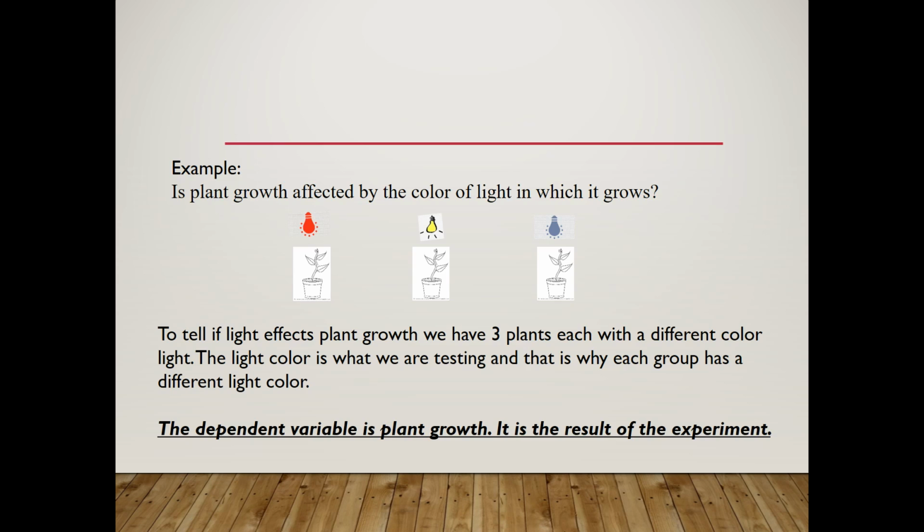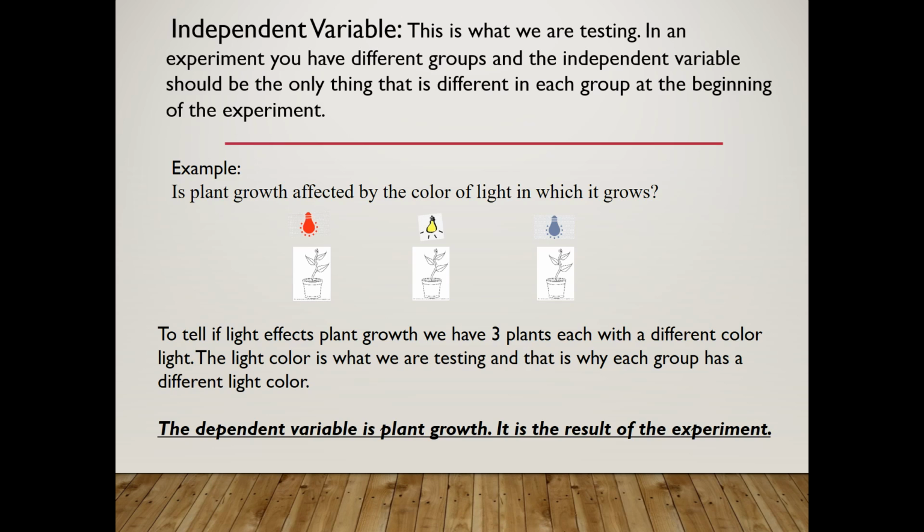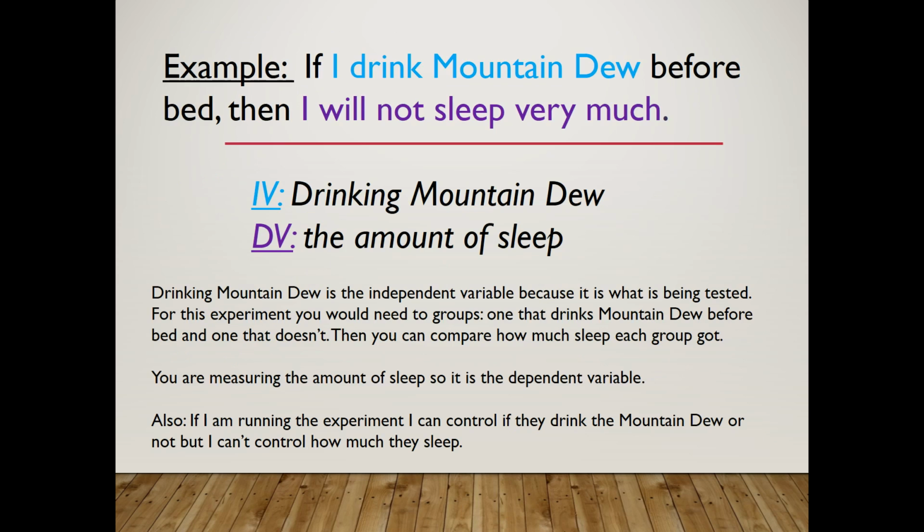That is the independent variable. It's what we're testing. So we have different groups. It's the thing that is different. The colors. We have a red, we have a yellow, we have a blue. The dependent variable is what depends on the color. So the plant growth is going to depend on which color light the plant was underneath. It's a result of the experiment.